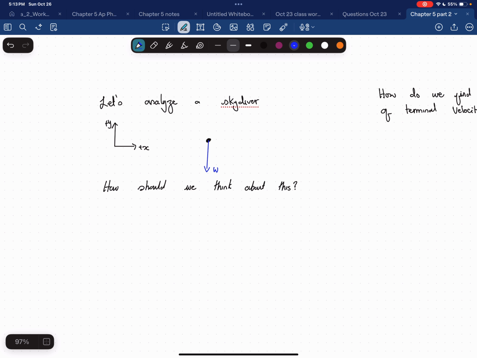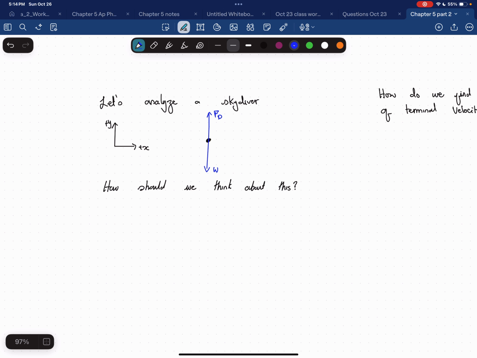Now, what we've just learned today is that if an object is falling through a fluid, whether it's air or water, it experiences drag.